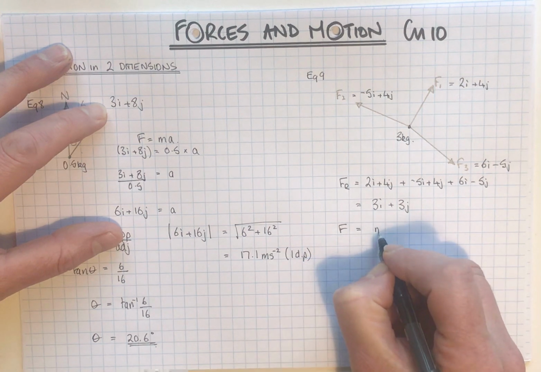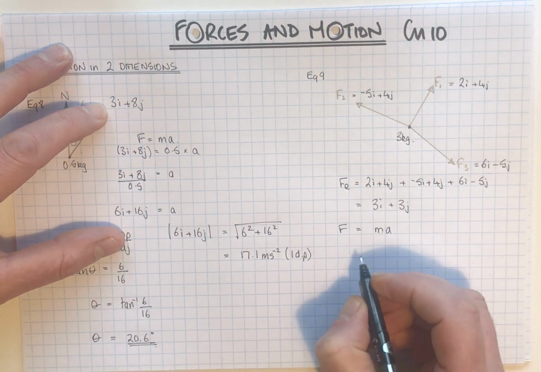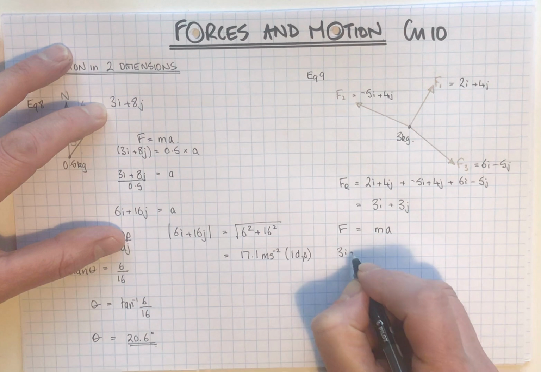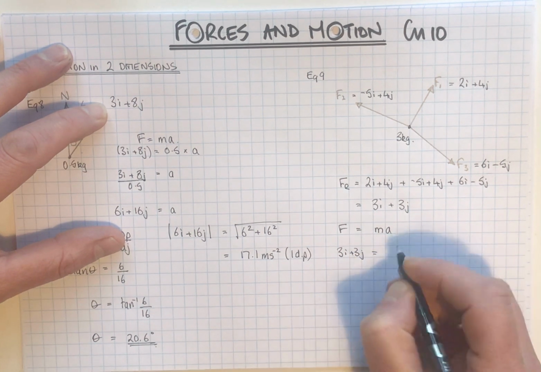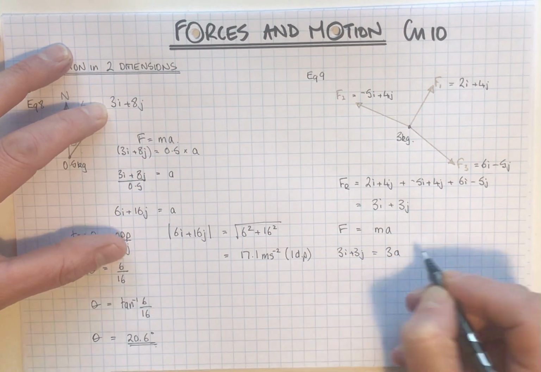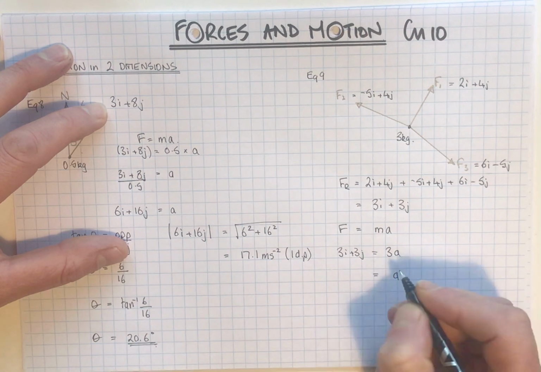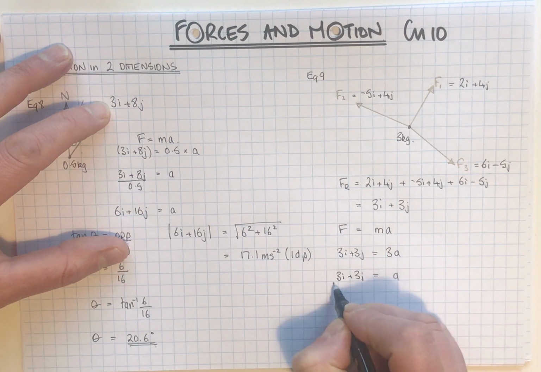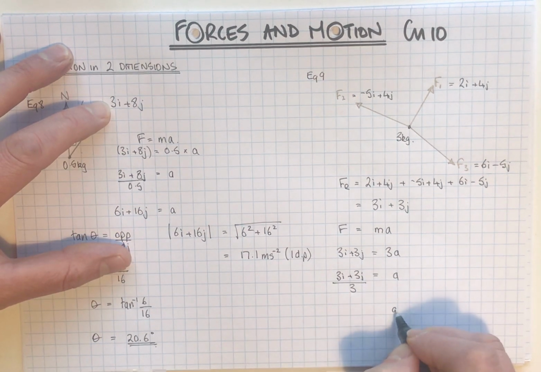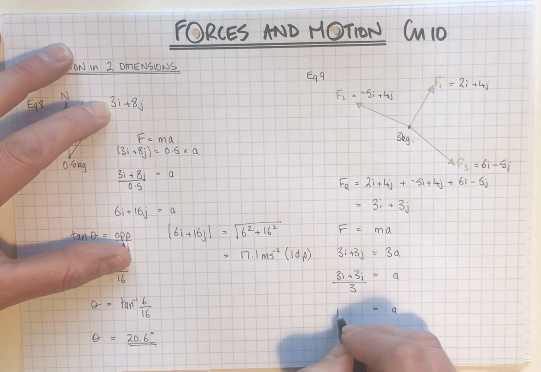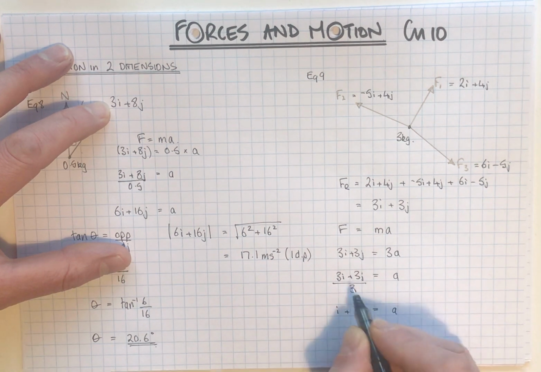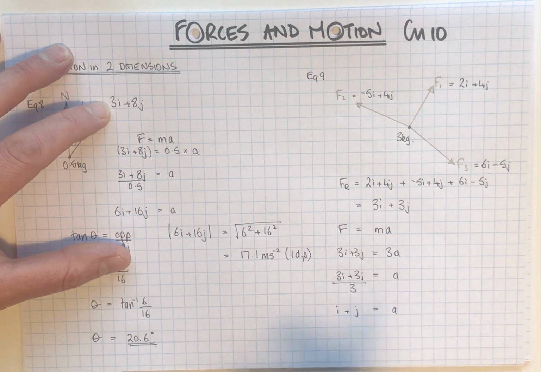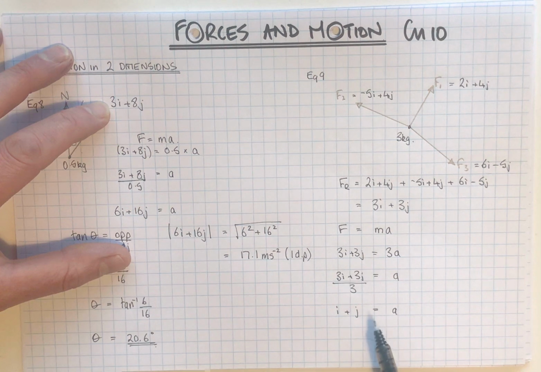Force equals mass times acceleration. So 3i plus 3j equals 3 times a, so the acceleration is, as we did before, just divide those 2 by 3, so the acceleration is 1i plus 1j. 3i divided by 3 is 1i, 3j divided by 3 is 1j. So we've got our acceleration here in vector form.